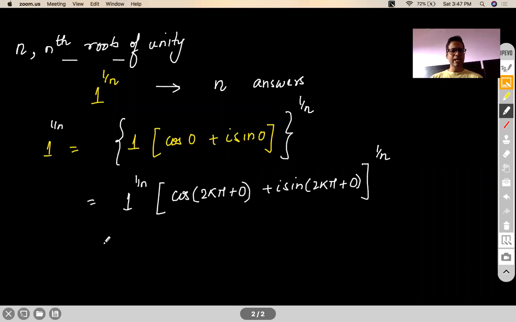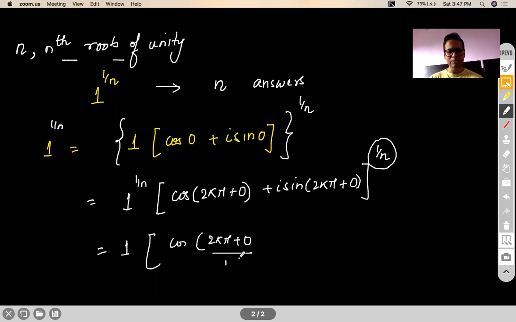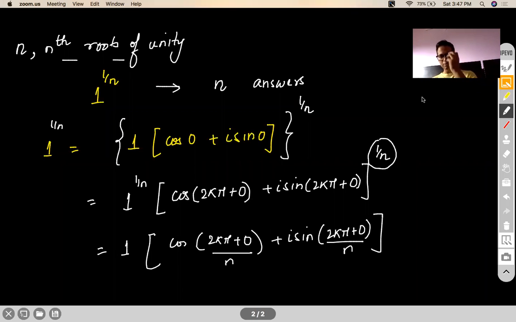And the next step is that we will multiply this to the argument of this. So multiplying this to this number, I'll get cos of (2kπ plus 0) into 1 by n plus i sin of (2kπ plus 0) into 1 by n.